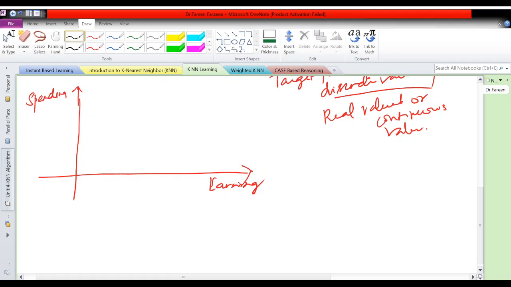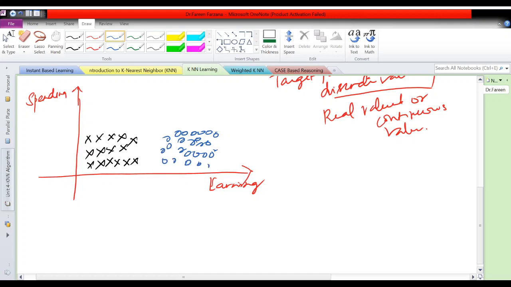I'm going to represent less earning and less buying customers, and I am going to consider more earning and less buying customers. Then I'm going to take the third category, less earning but more spending, as small closed data points.